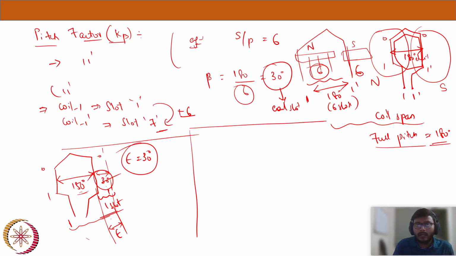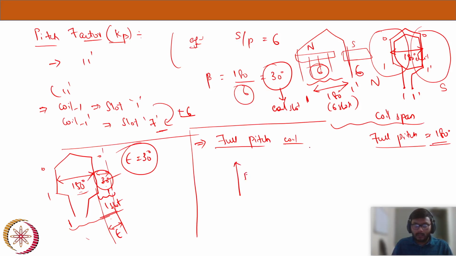First, let's see the induced voltage in the case of a full pitch coil. I know that the angle between these two coil sides is 180 degrees, because the north and south poles are displaced by 180 degrees.